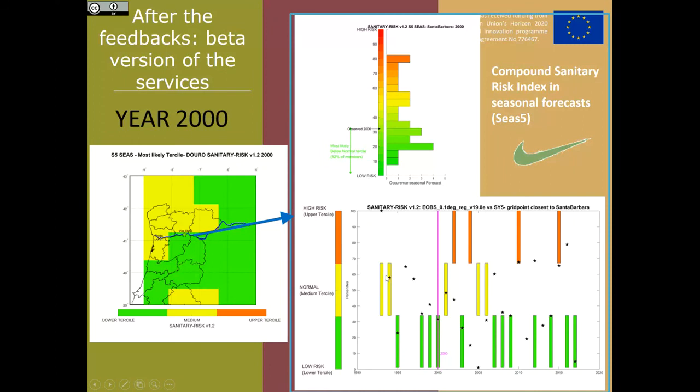Every time the star over there is inside the bar, inside the square, they could have a good forecast for this sanitary risk index. And in addition to this, I would say hit rate, because this is a sort of hit rate.